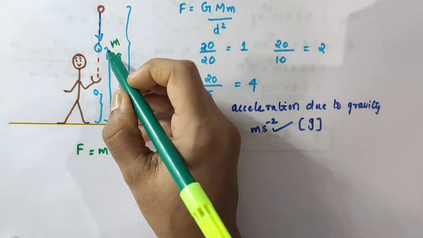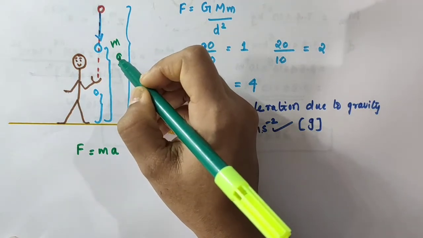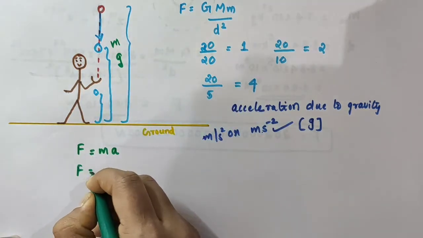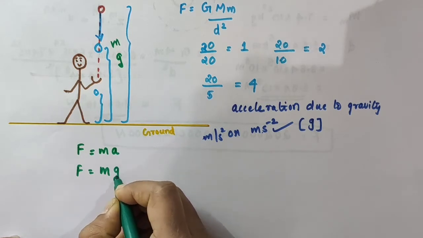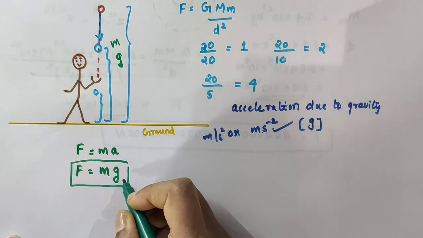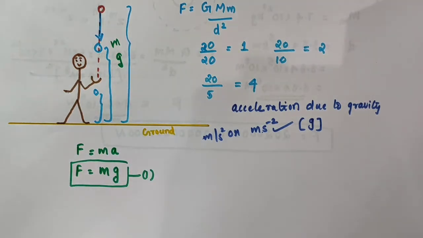So for this object of mass m, which is falling down, the acceleration involved is small letter g. So the gravitational force acting on this object can be written as F equals m into g. I am taking this as equation number 1.